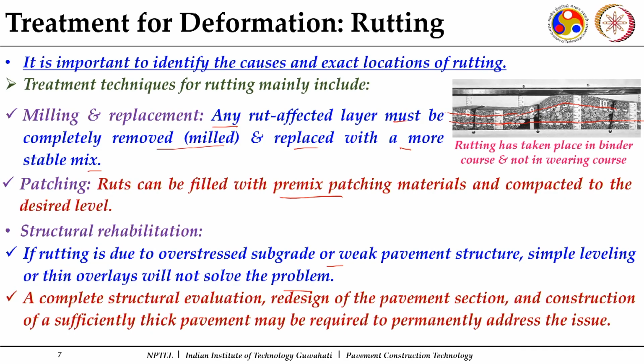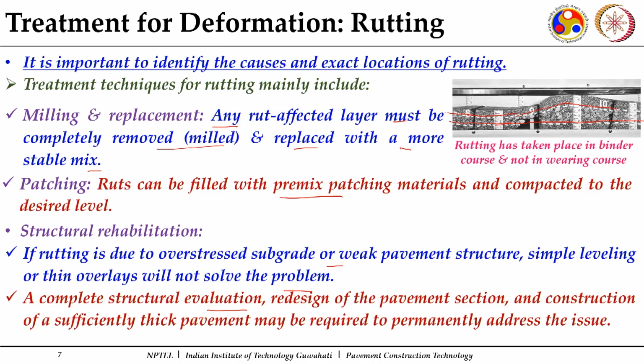In this case, you need to go for a structural evaluation to work out the existing strength of the pavement structure, and then design an overlay to meet the design traffic. The overlay thickness has to be designed considering the strength of the existing pavement structure.